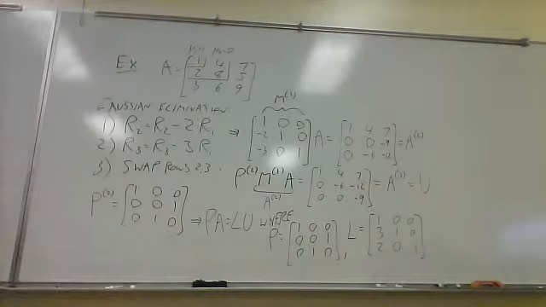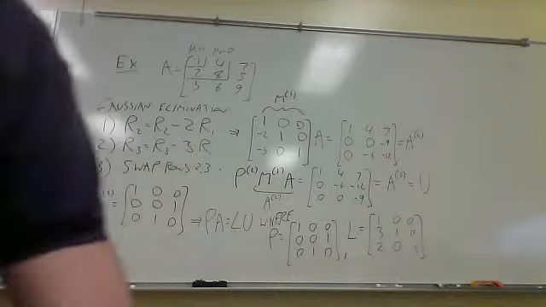Now that we have the whole process, this will work for any invertible matrix, now that pivoting is included, because A might not have an LU factorization, but PA will. So now we have a full algorithm for solving AX equals B for any square invertible matrix A.